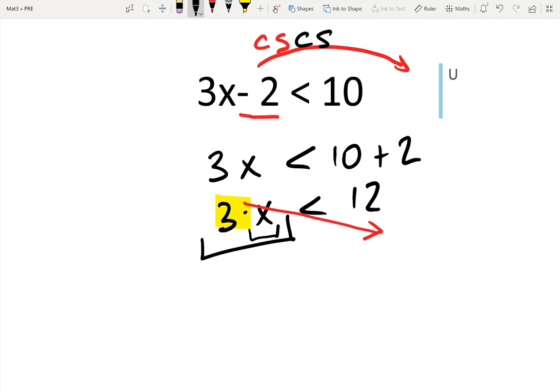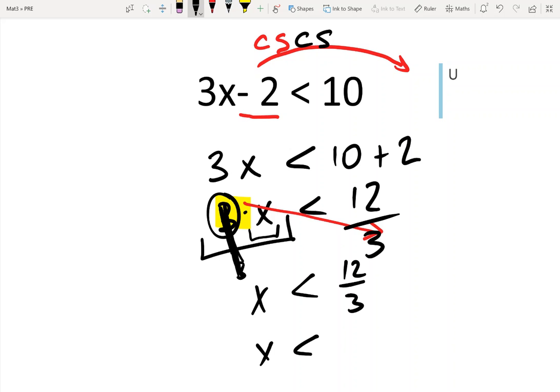So yes, you divide by 3 on both sides, but we can cancel that straight away. And what it looks like is that this 3 has dropped down here. So now we have x is less than 12 over 3, which is x is strictly less than 4.